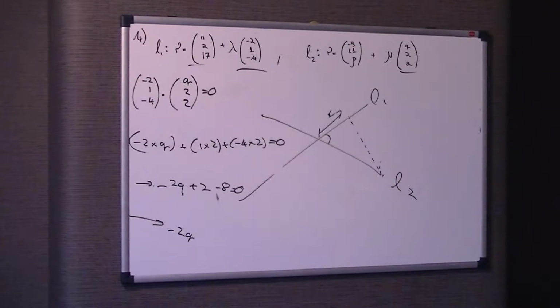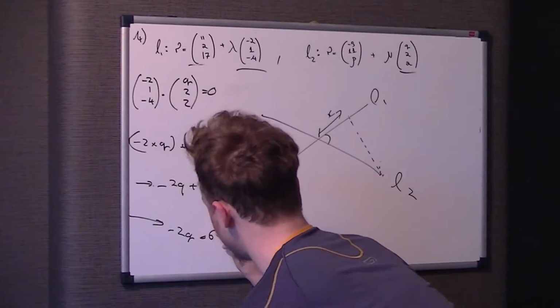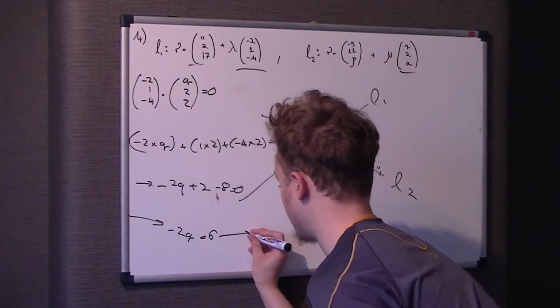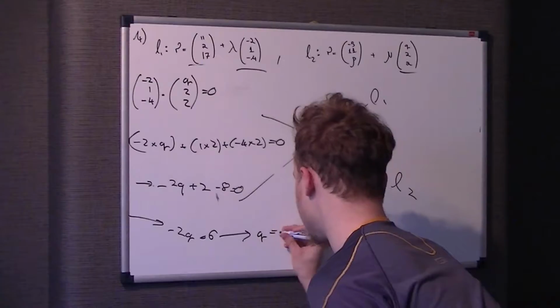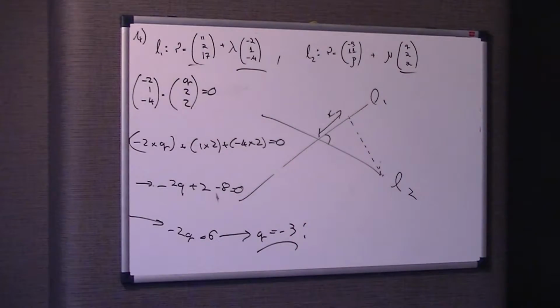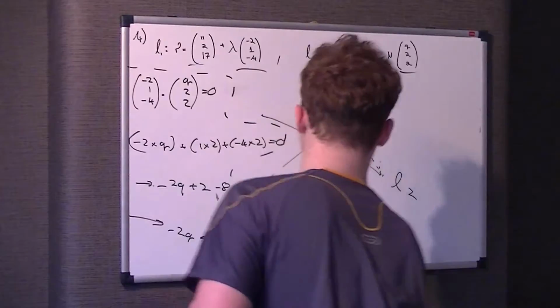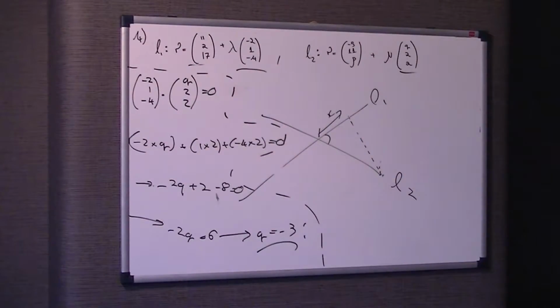Sorry, yeah, I've done this right. I was thinking of that one. -2q is equal to 6. So therefore, you divide both sides by -2, you get q is equal to -3 as required. And it says, show that q is equal to -3. So that's what you've done. We'll call that part A.